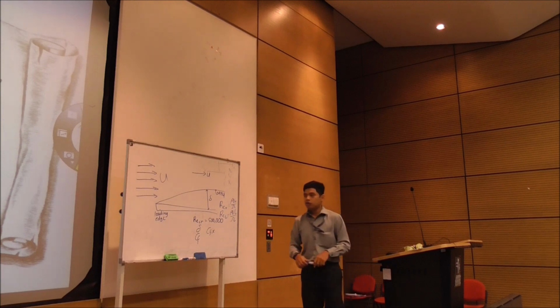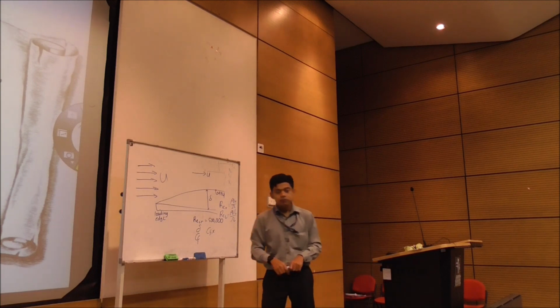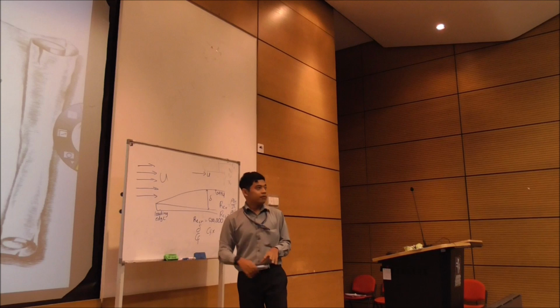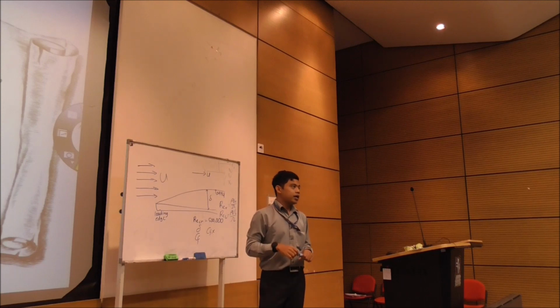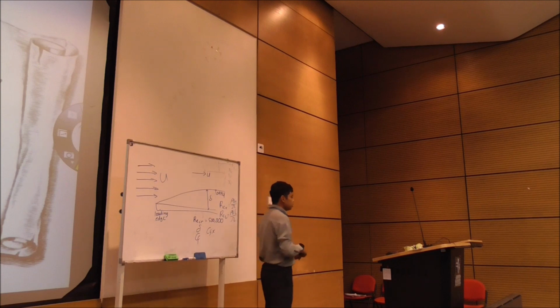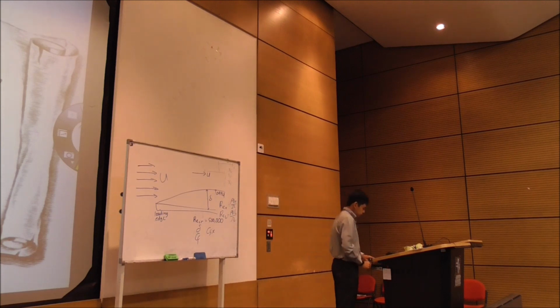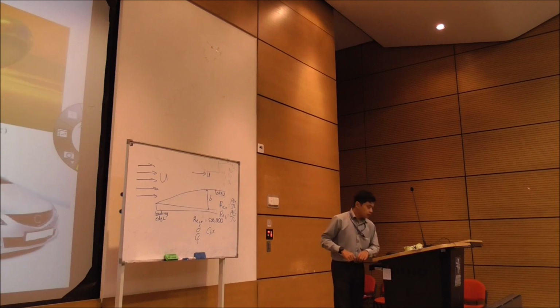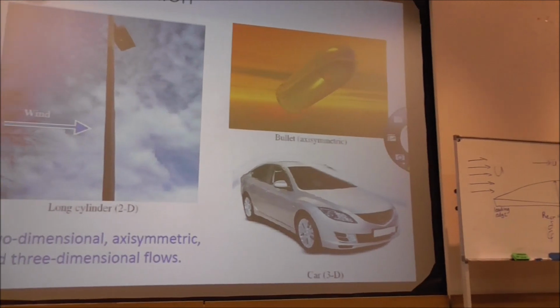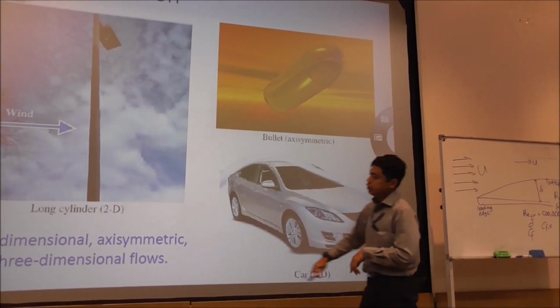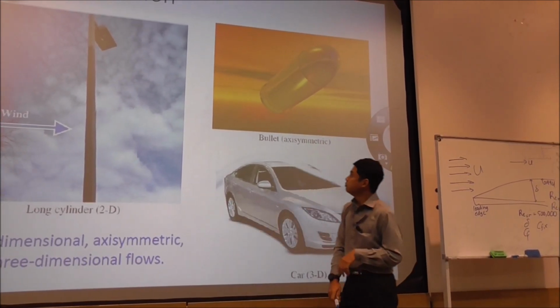It's called flow over bodies or external flow. This is the naming in fluid mechanics. Industrially, it is called aerodynamics. Okay, fluid mechanics that deals with external flow. Depending upon the shape of your body, you can have a 2D problem.